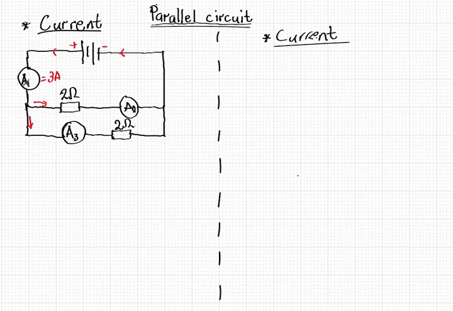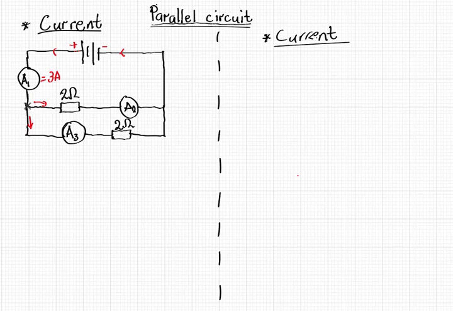ammeter 1. And what we should be aware of is that the current from this positive terminal is the only path up to here. So the charges haven't separated, the current hasn't split. It's still the same route.